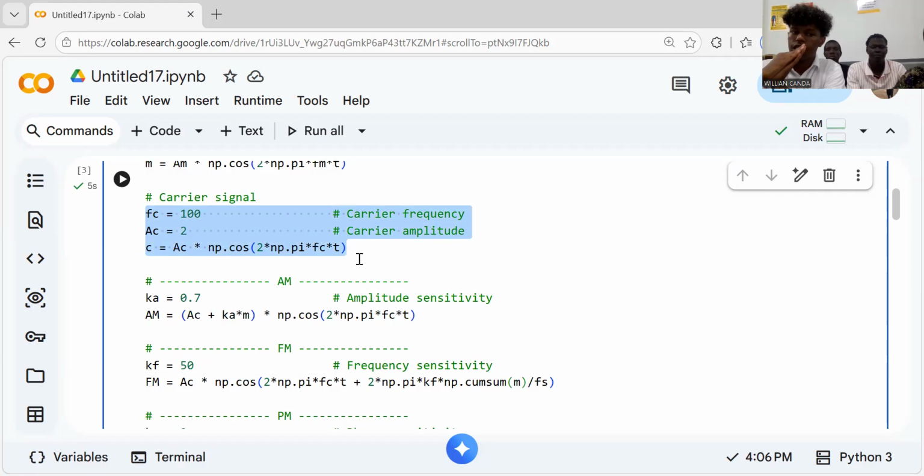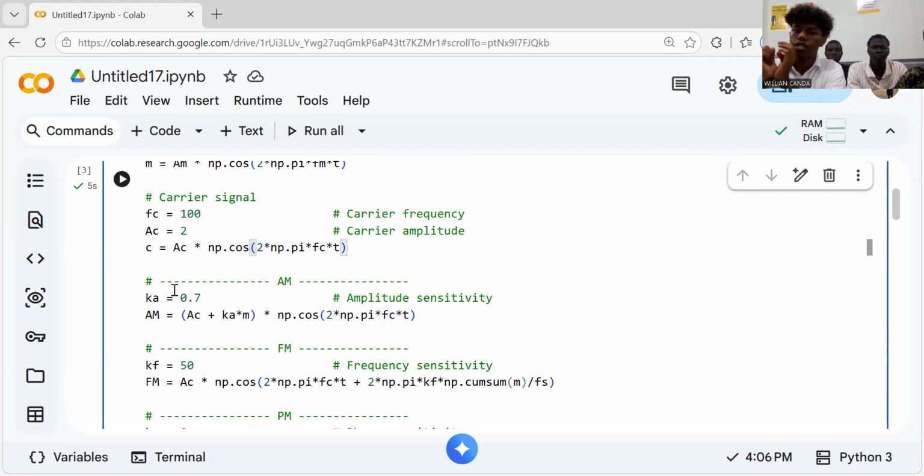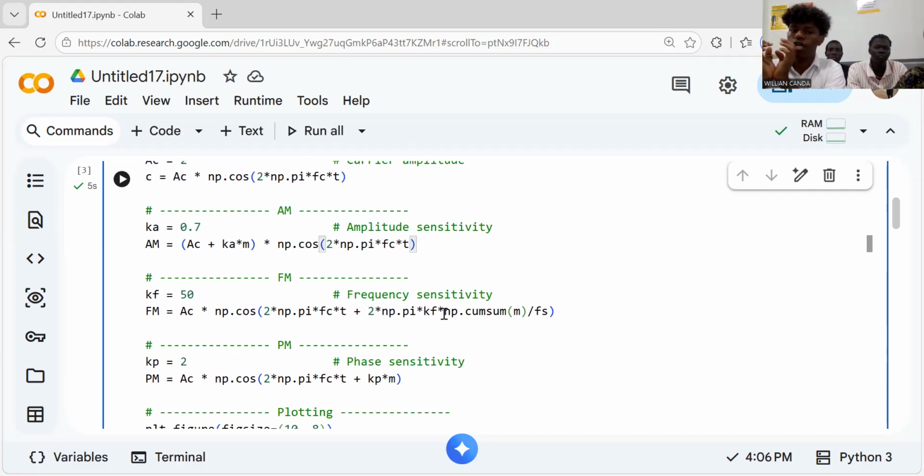The formula is carrier equals carrier amplitude multiplied by np.cos of 2 np.pi times carrier frequency multiplied by the time. For the amplitude sensitivity, we took 0.7, and we have the formula AM equals Ac plus Ka multiplied by the message, multiplied by np.cos of 2 np.pi times frequency multiplied by the time.